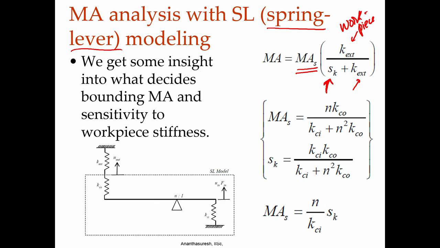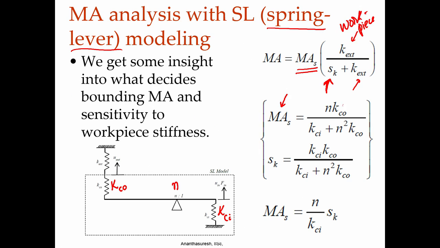The spring lever model has the lever ratio n, input side stiffness Kci, and output side stiffness Kco. These 3 parameters, how do they influence this bounding mechanical advantage, which asymptotically goes there, right. When K external keeps on increasing, then Sk becomes irrelevant, it becomes 1, so you get to MEIS. So, it just goes asymptotically.